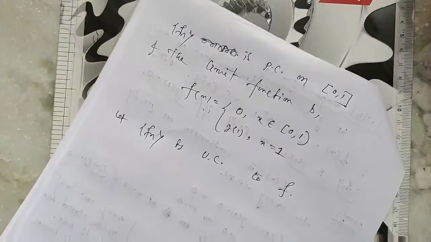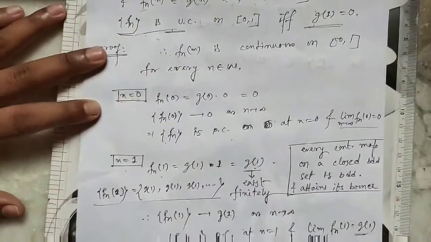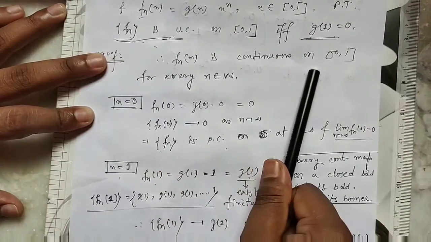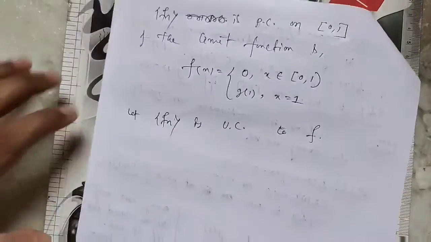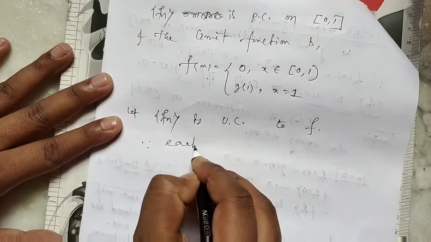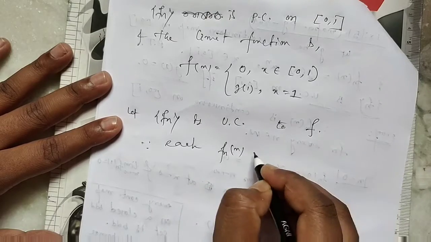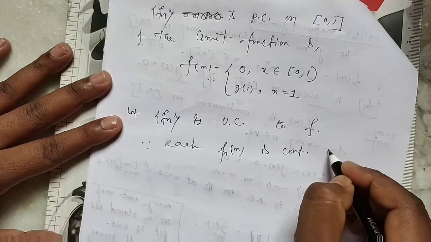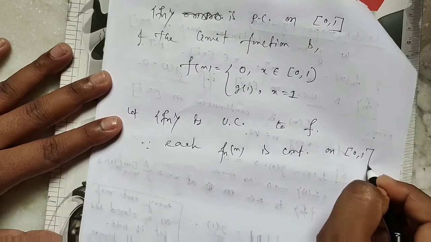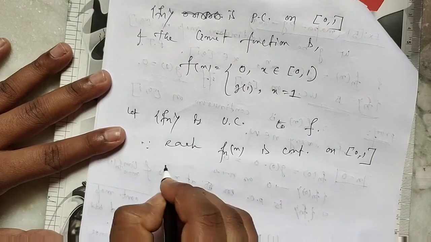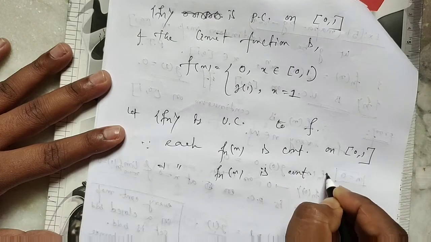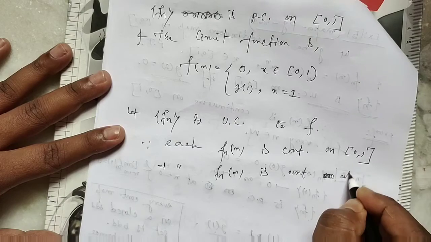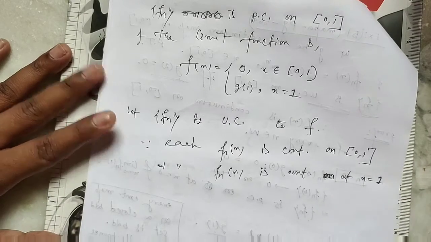Clear? Since each fn is continuous, here we write fn(x) is continuous on [0,1] for every n belongs to N. So each fn(x) is continuous on [0,1], so each fn(x) is continuous at x equal to 1.